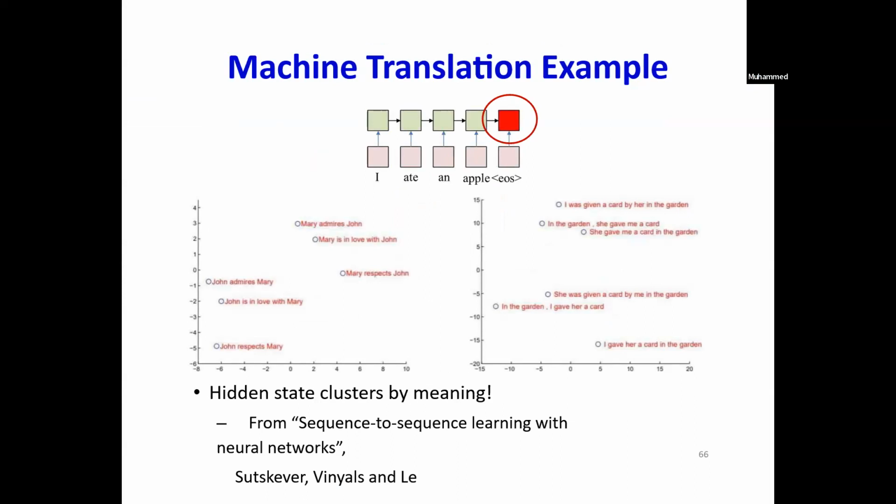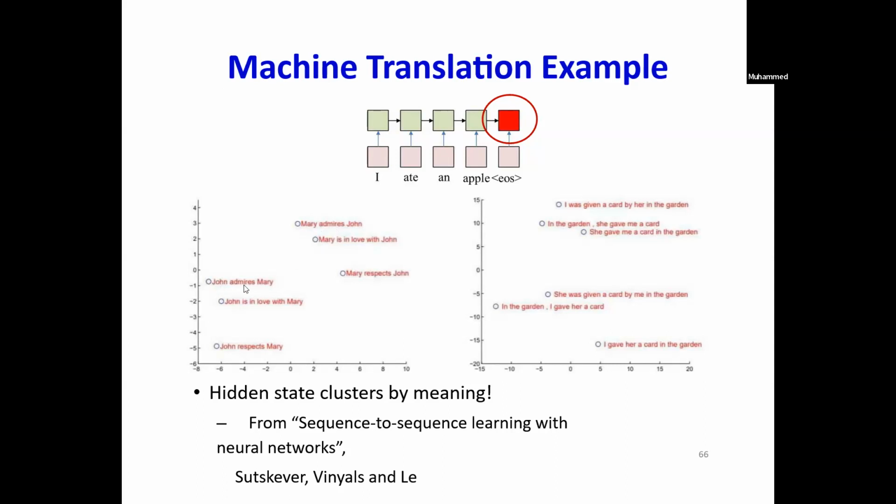So, as she has explained, with RNNs and sequence-to-sequence neural networks, this visualization shows what the model generally learns. It learns to cluster the different inputs based on their meaning. As you can see here, Mary admires John and Mary is in love with John are close together as they have similar meaning.